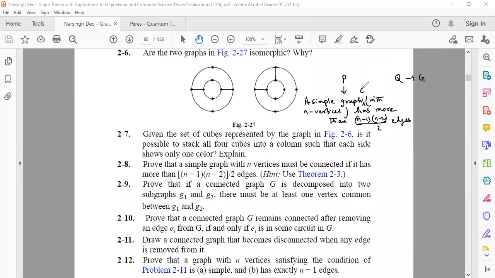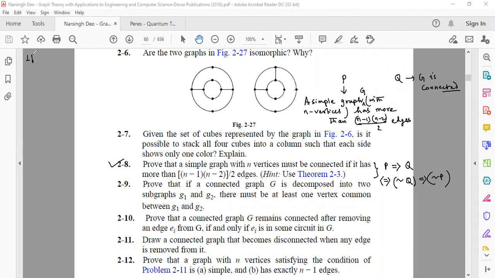Let us call this simple graph capital G. Statement Q is that G is connected. Our objective, according to the problem, is to show that P implies Q. From mathematical logic, we know that this is equivalent to not Q implies not P, if you can recall. So I'm going to prove this result in a contrapositive manner.